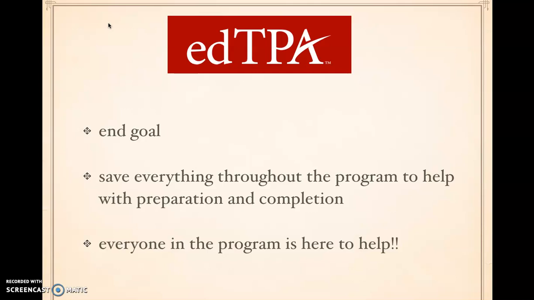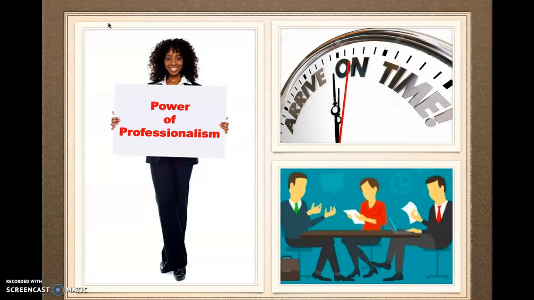Our cohort leaders and professors made it clear that we need to save everything throughout the program because it will greatly help us prepare and complete the EdTPA. They also reminded us that everyone in the program is here to help, whether it is our cohort students, our fellow students, our professors, or even our guide teachers.